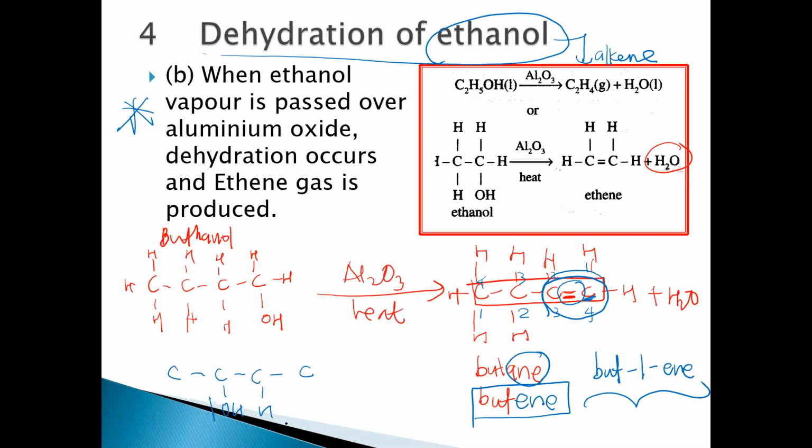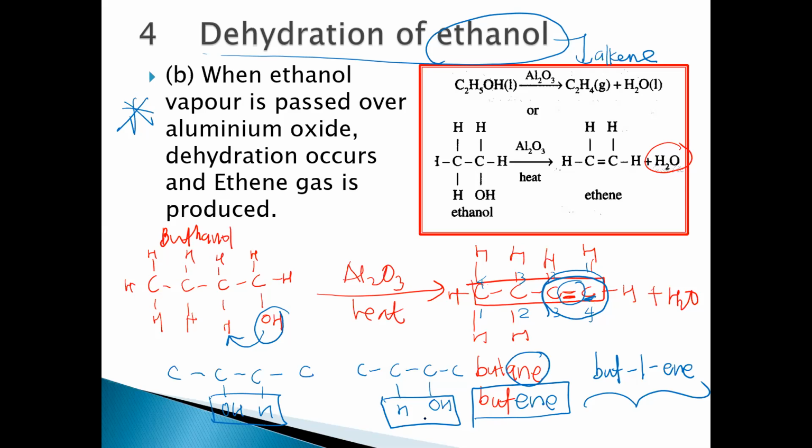Lepas tu cikgu keluarkan macam ni. 1, 2, 3, 4. OH kat sini, H kat sini, cikgu keluarkan dia macam ni. That means if I didn't take out, the OH must be in carbon number 2. Then baru jadi but-2-ene.